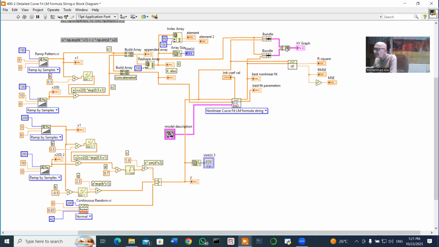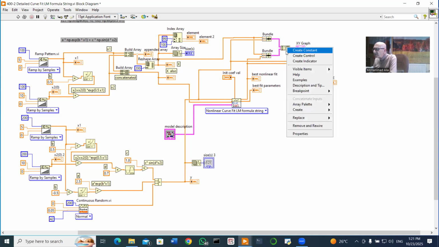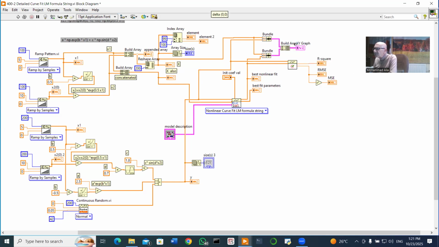Both of them are now joined together as an array, and this array is plotted using the XY graph.